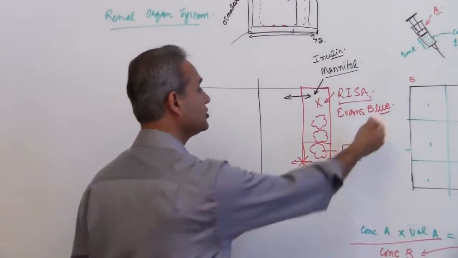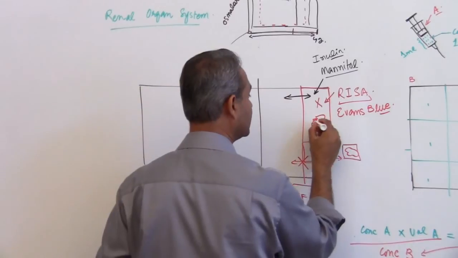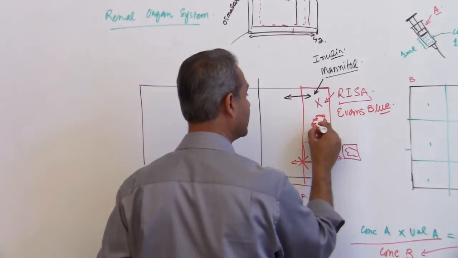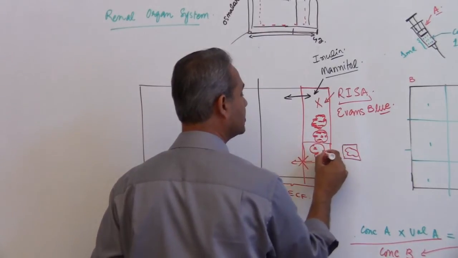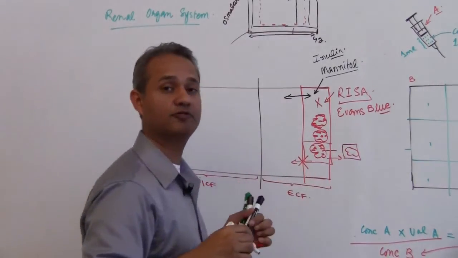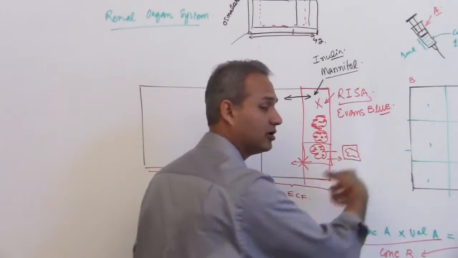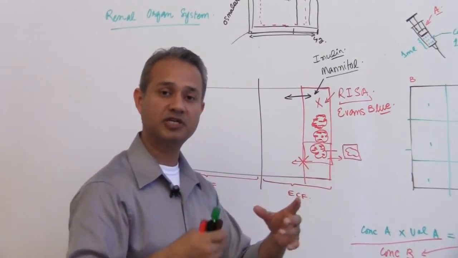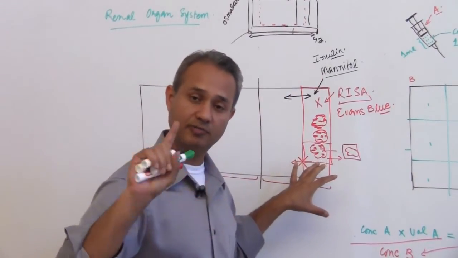Evans blue, when introduced in the vascular system, gets stuck to the albumin and other proteins. It gets attracted to them and stuck onto them. So that means it will not get out of the vascular system. Right? Now you take a sample from the vascular system and you measure that, and what would you get? You would get the volume of the intravascular compartment.